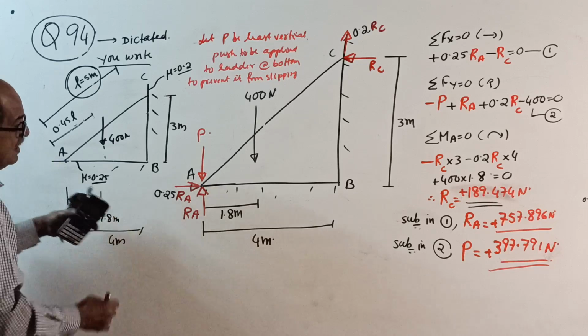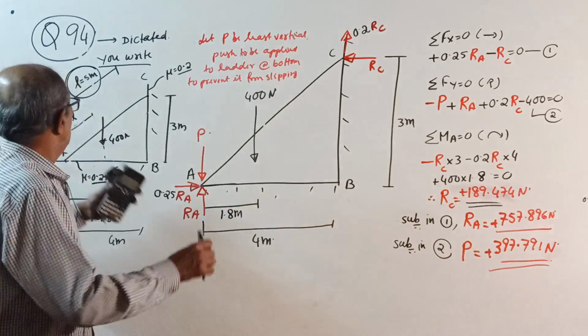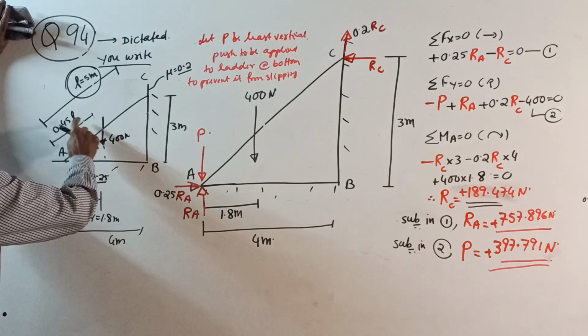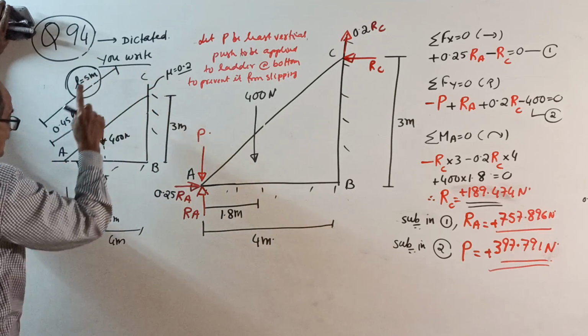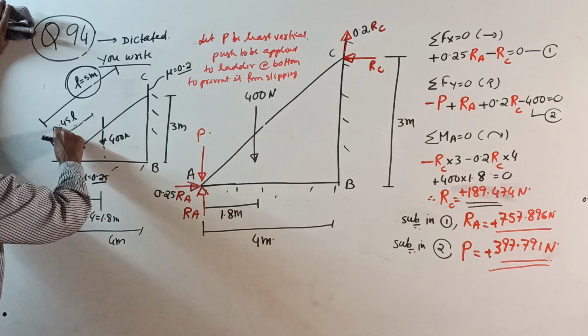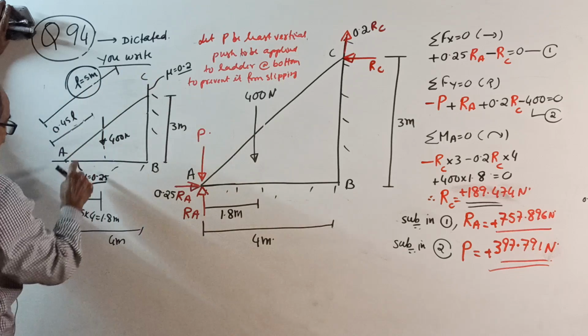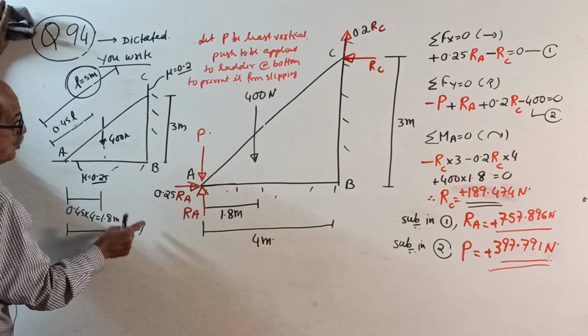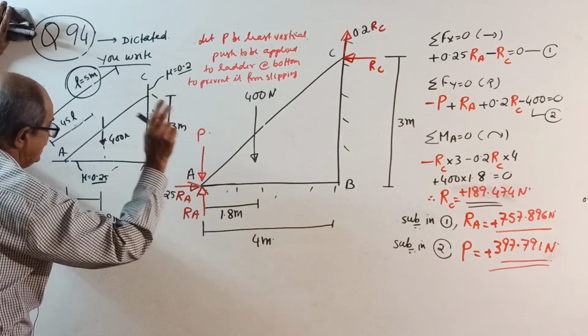The ratio of this point with respect to this length is the same ratio here also. This is 0.45 of length, so this is 0.45 of 4. That's why I wrote 1.8 here.